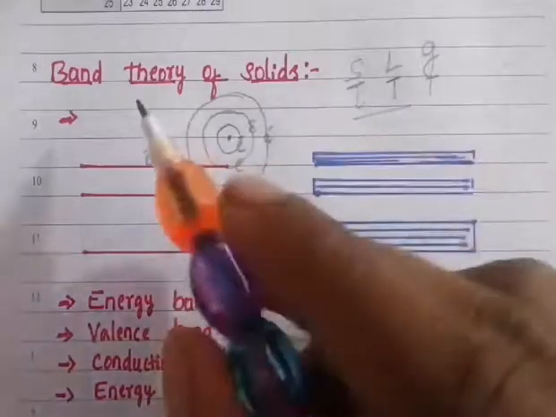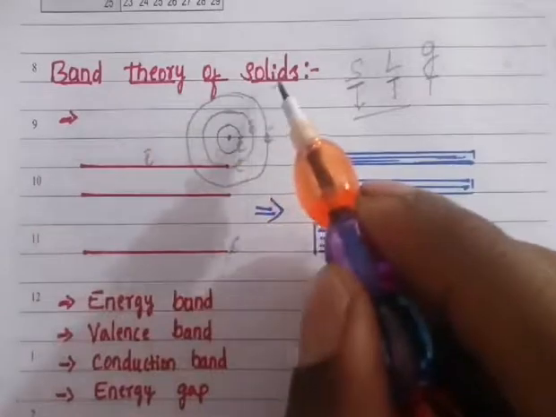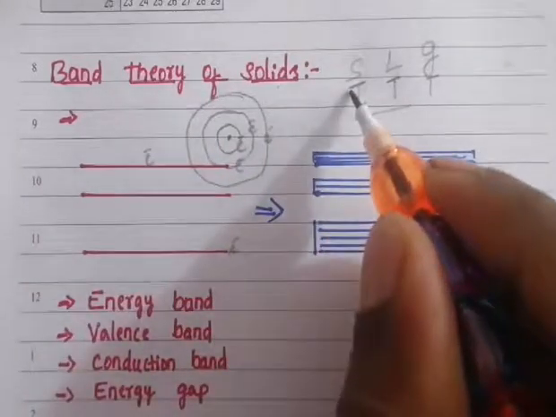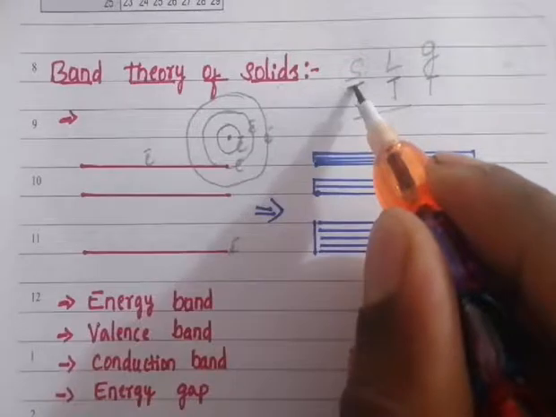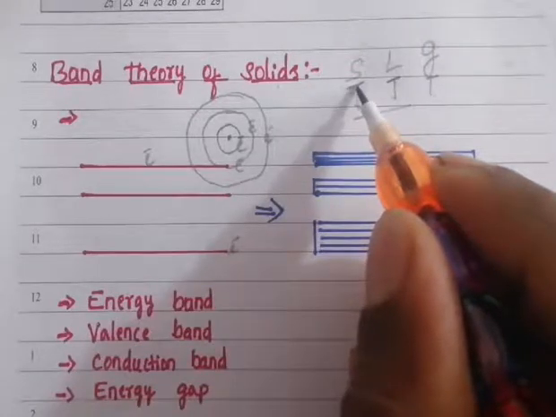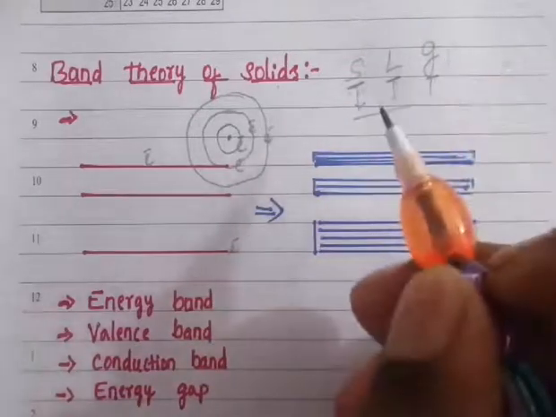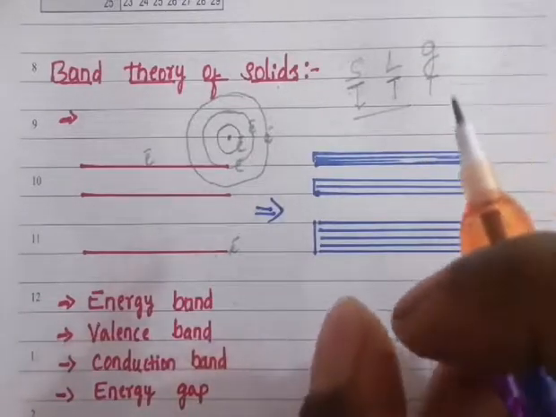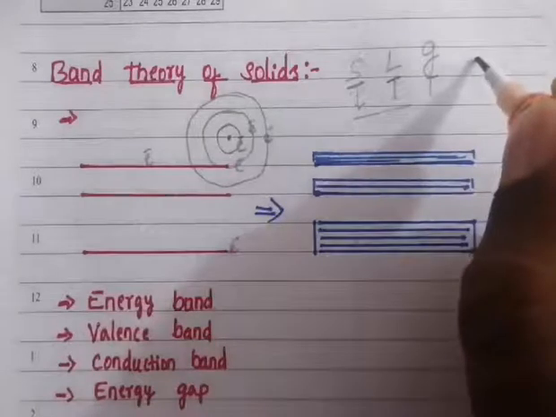Here, we discussed the band theory of solids. In solids, the atoms are closely packed. As a result, the electrons of different atoms interact with each other. So this is a single atom.